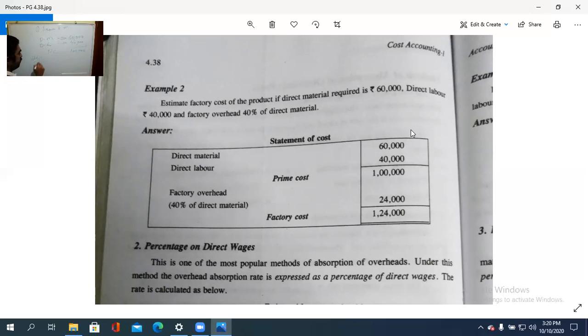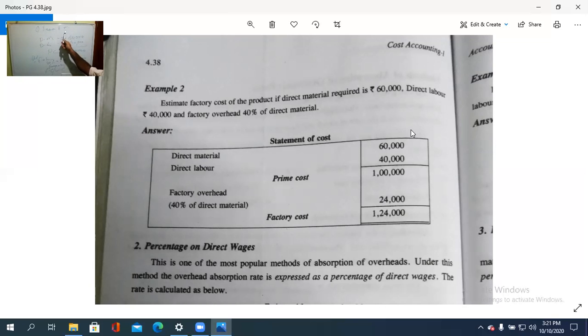And factory overhead is 40% of direct material, so 24,000, isn't it? 40% of 60,000 is 24,000. So the factory cost or works cost is 1,24,000.